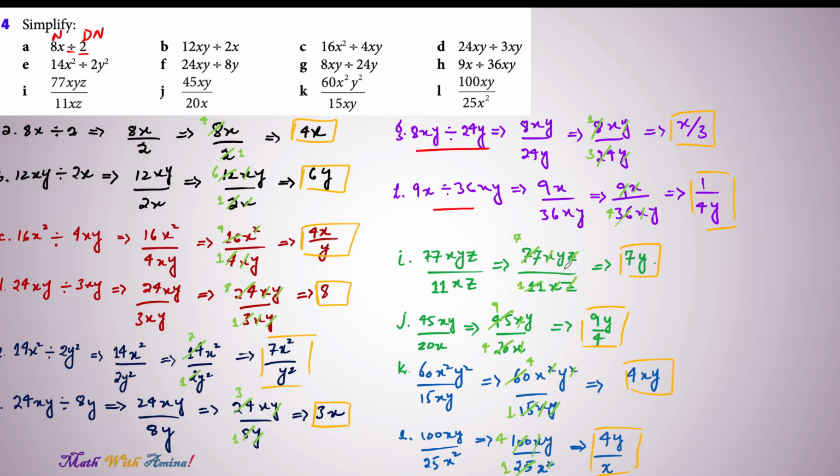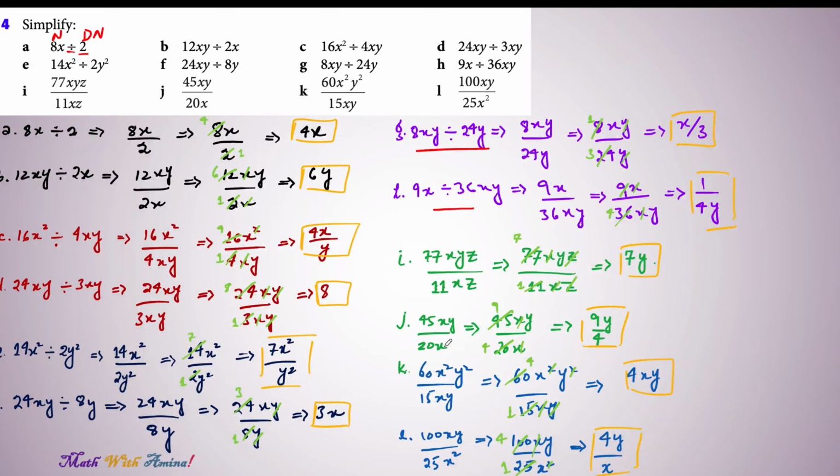Y is in the numerator but missing in the denominator, so y will remain the same in the numerator. Z, on the other hand, is once in the numerator and once in the denominator, so they will completely cancel each other. As a result, we will have 7y as the final term for this expression after simplification.